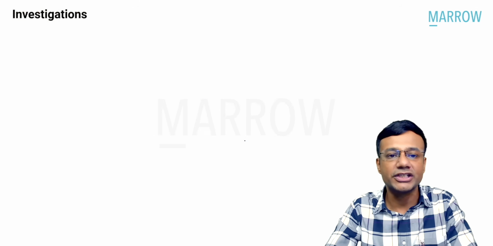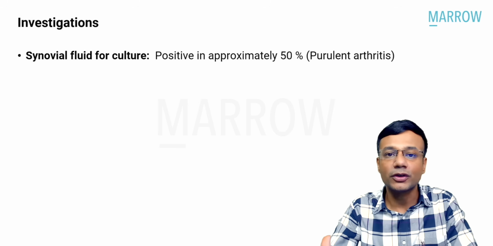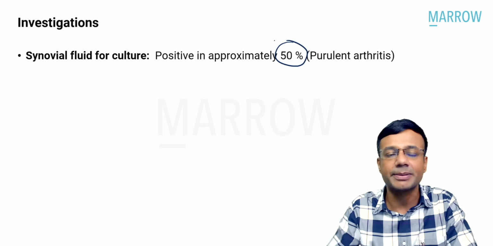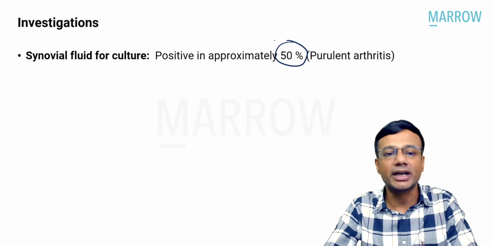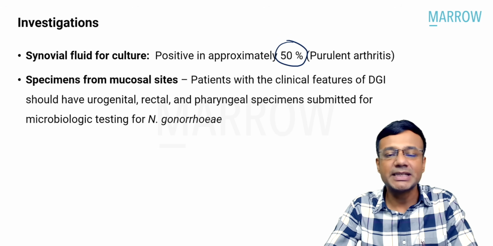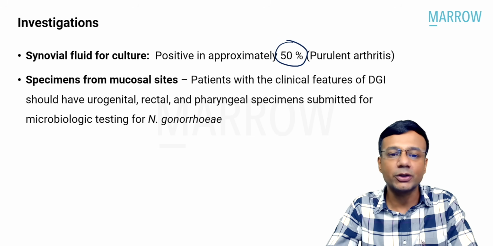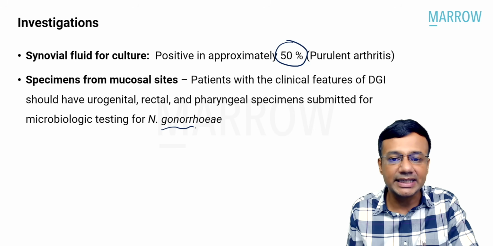What investigations should we do? Number one, synovial fluid for culture. It can be positive in only 50% of patients, generally when there is purulent arthritis. And you should take specimens from mucosal sites like urogenital, rectal, and pharyngeal, and look for Neisseria gonorrhoeae.